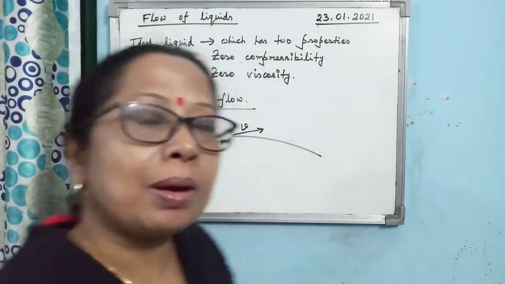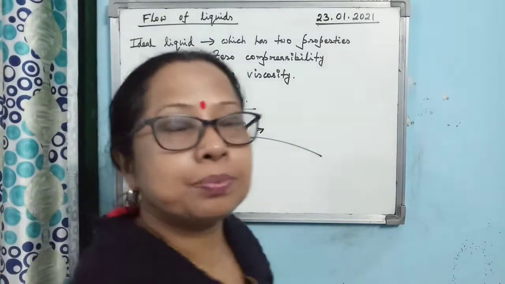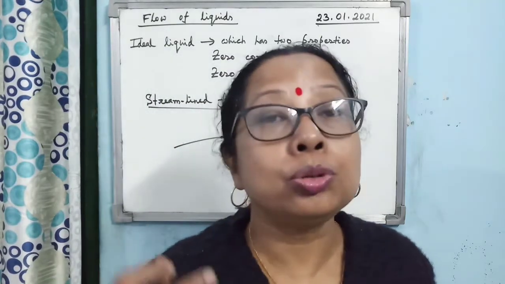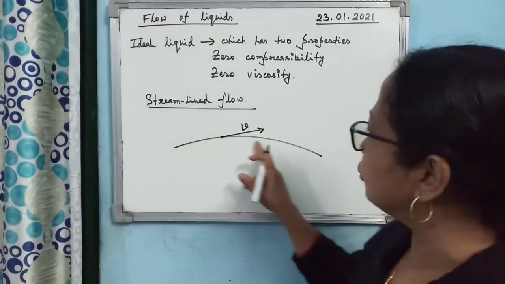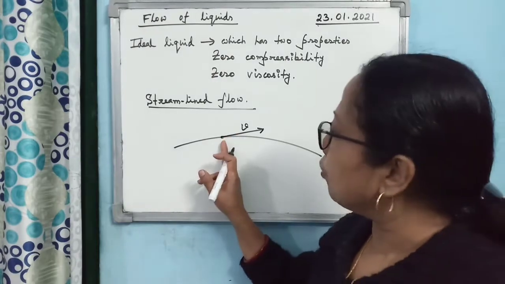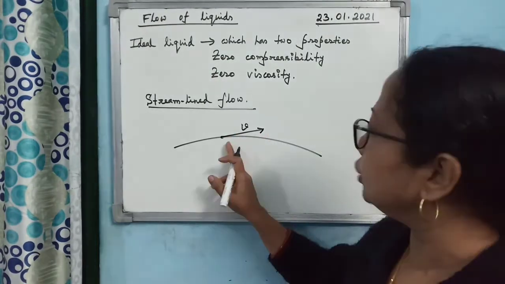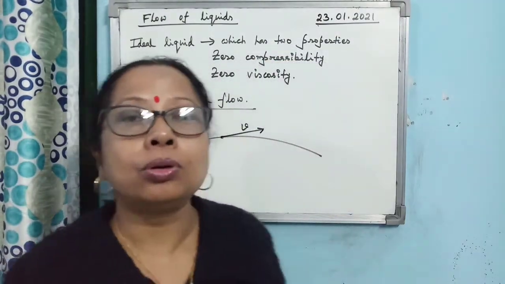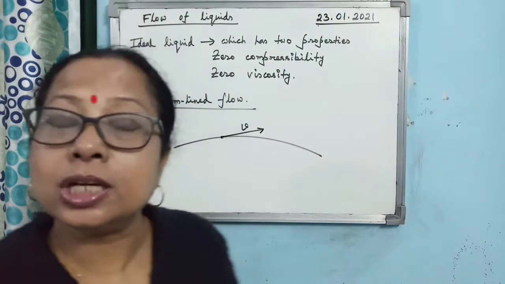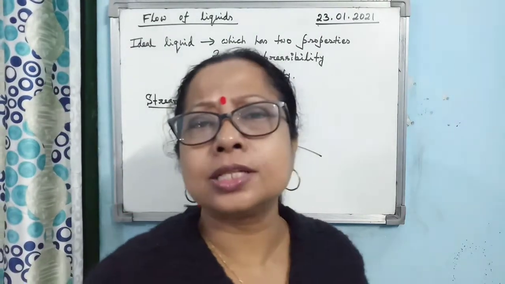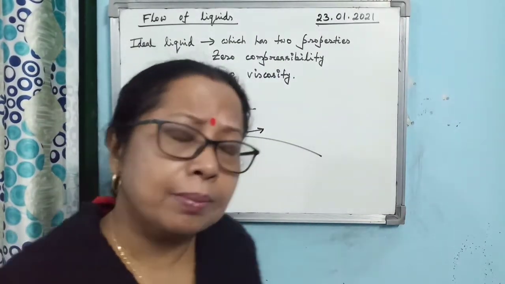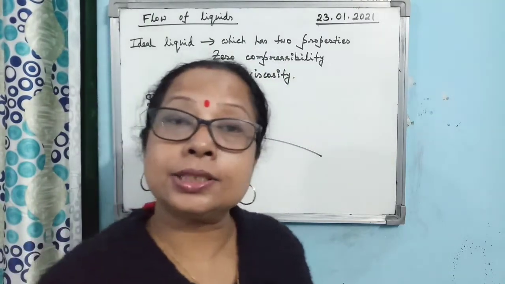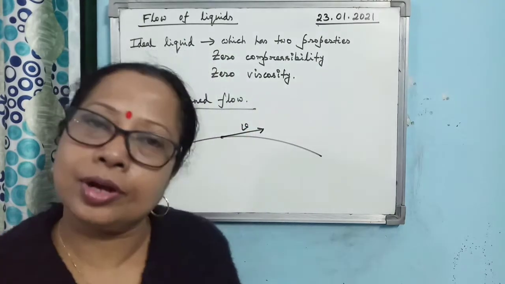I hope you can remember this is similar to the concept of electric lines of force and magnetic lines of force. So if you consider a streamline, then at any point of the streamline, if you draw a tangent, that tangent represents the direction of flow of liquid at that point. Just like the electric lines of force and magnetic lines of force, if you draw the tangent at a point, that represents the direction of the intensity of the electric field or magnetic field.